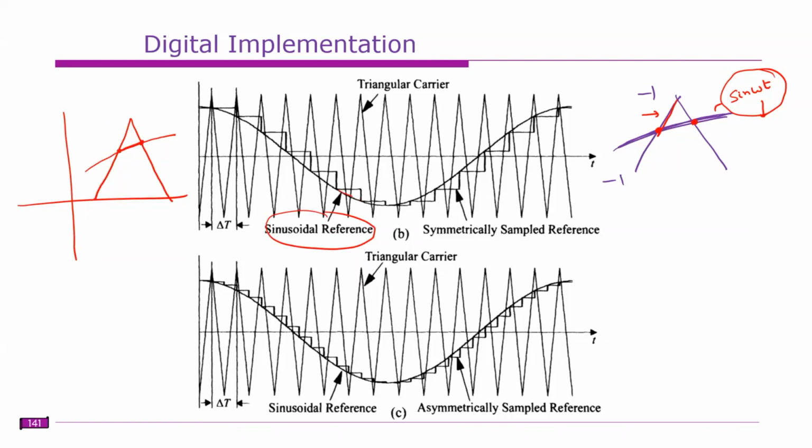Instead of that, they assume that during this period of time, this is a constant. Understood? That is how they are sampled.